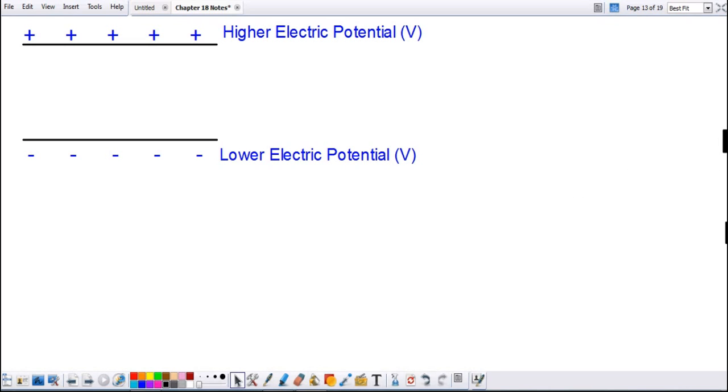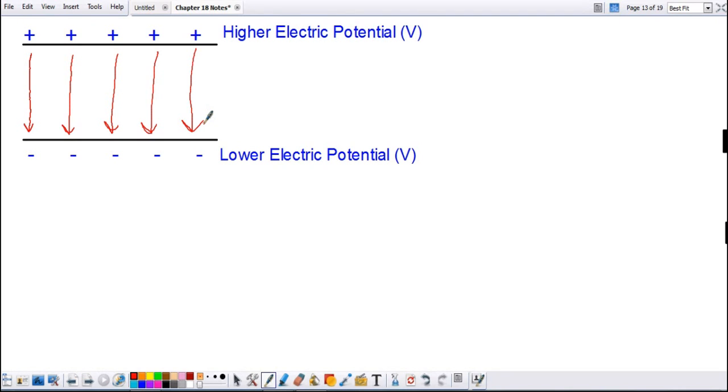Now, let's look at the electric field in here. The electric field is going to point away from positive and towards negative. So the electric field is going to be a nice uniform electric field pointing straight down. So again, just like the gravitational one, the higher potential points towards the lower potential.